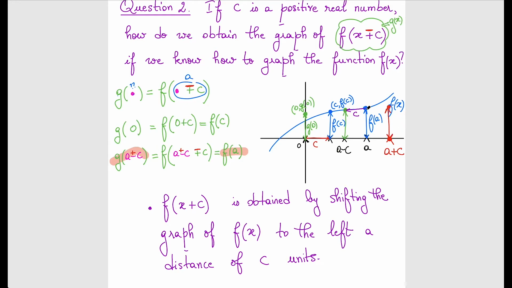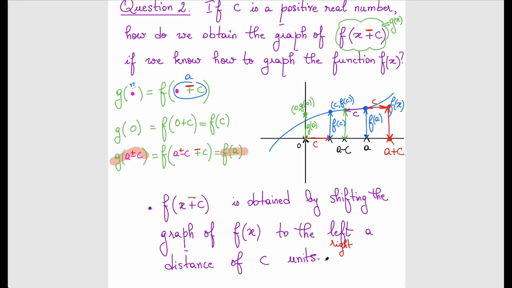So the shift is going to be to the right this time. Okay? So in terms of signals, the signal g is going to be a delay of the signal f by the amount c units of time. Because the shift is going to occur now to the right, by c. Okay, so the summary of that discussion is f of x minus c is obtained by shifting the graph of f now to the right a distance of c units.